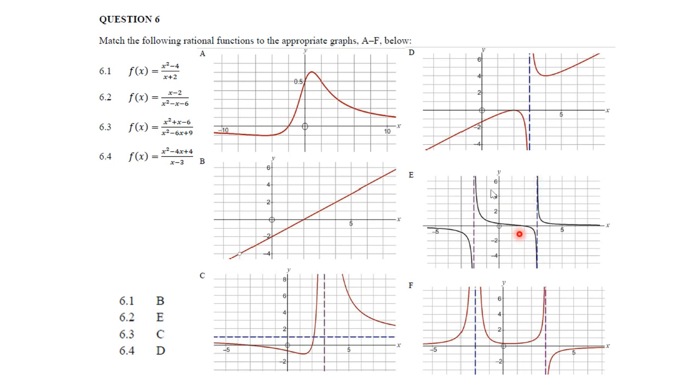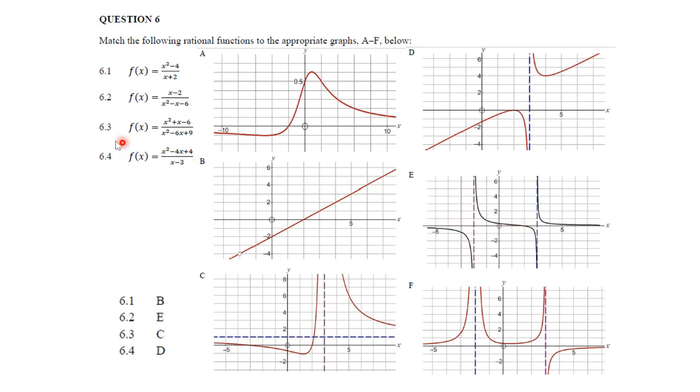So I'm now looking at E, and potentially F. The difference is that E has an x-intercept and F doesn't. From 6.2, my numerator gives an x-intercept at x equals 2, so I'm tending towards the graph E.